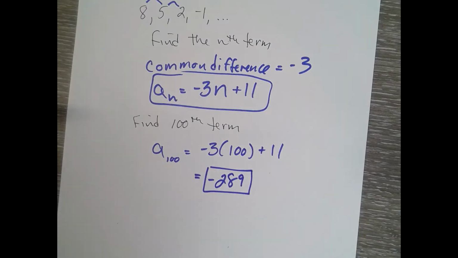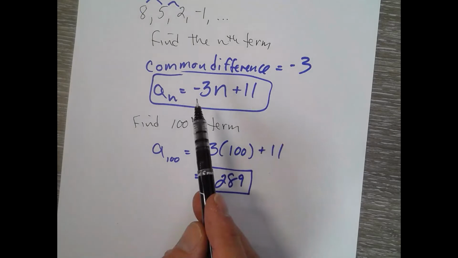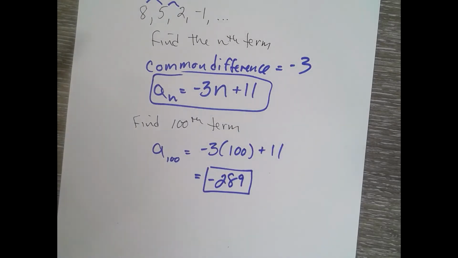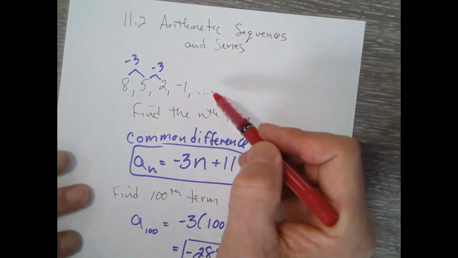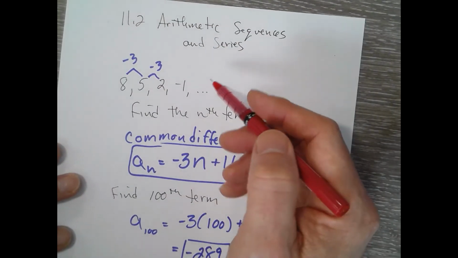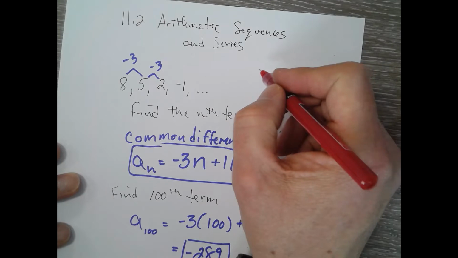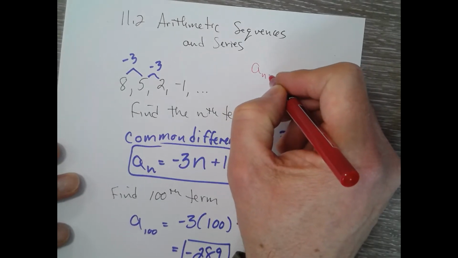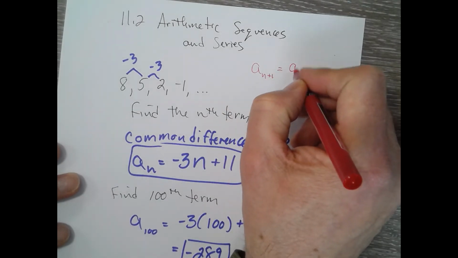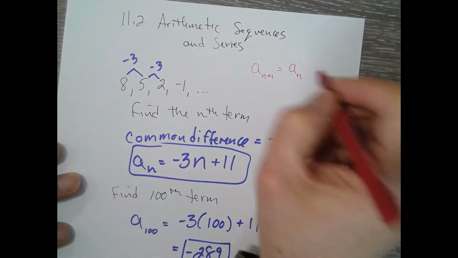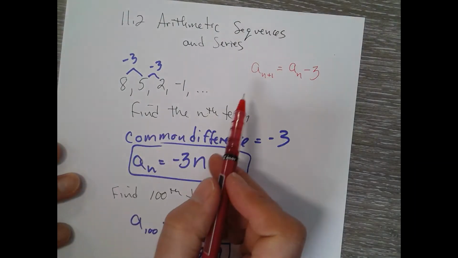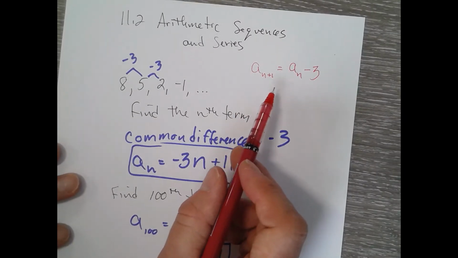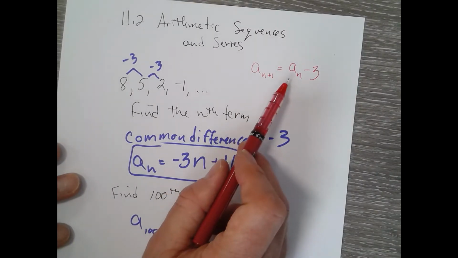Okay. So if you can figure out the nth term, then you can find any term by plugging it in. If we went back and we know that this is going down 3 every time, if I wanted to write that recursively, you would say the next term is equal to the current term minus 3. That would be recursively defined. To get the next one, you just take the current term and subtract 3.